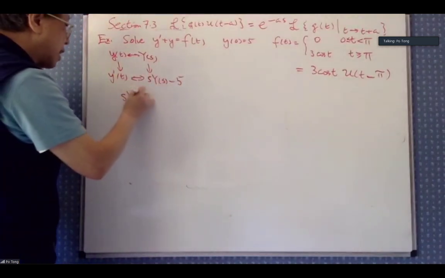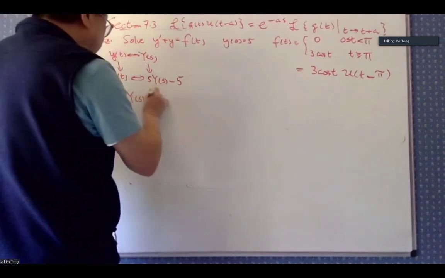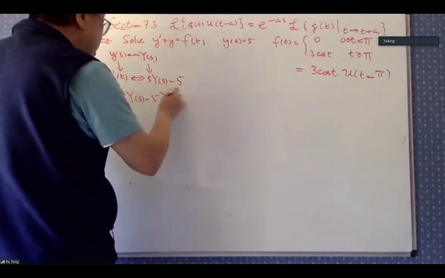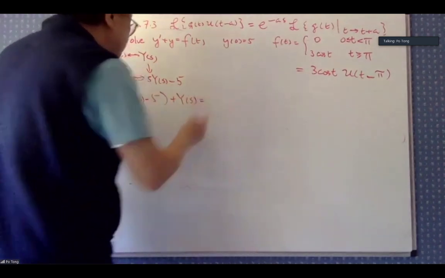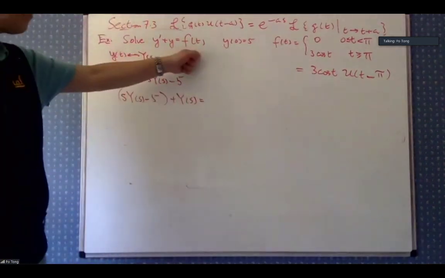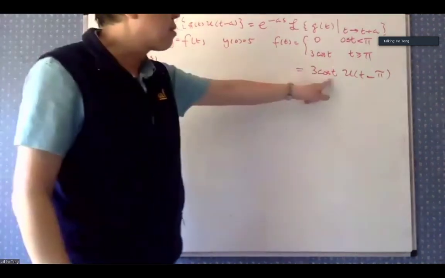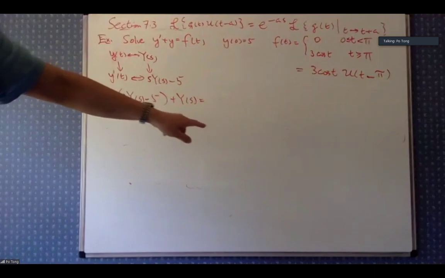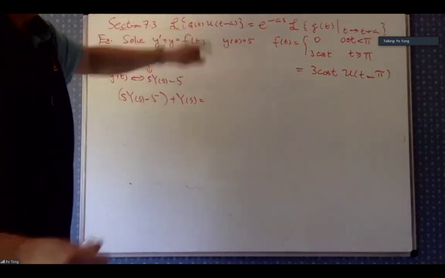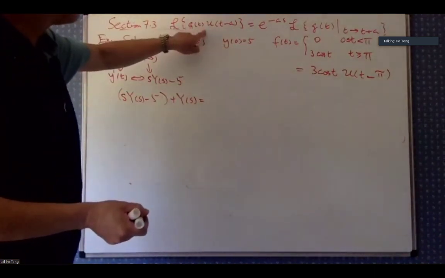So we have this guy, minus 5, plus Y(s), now equal to the Laplace transform of this guy. Let's do the Laplace transform of that guy using this formula here.